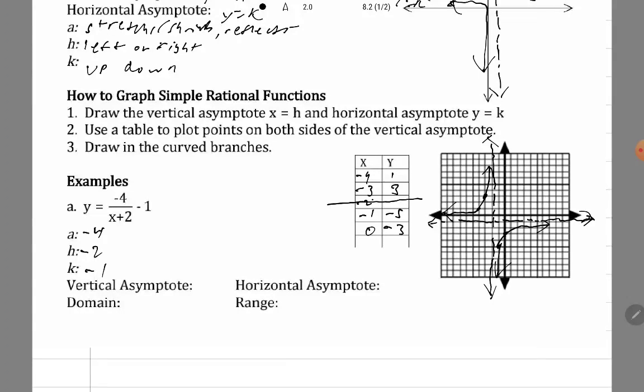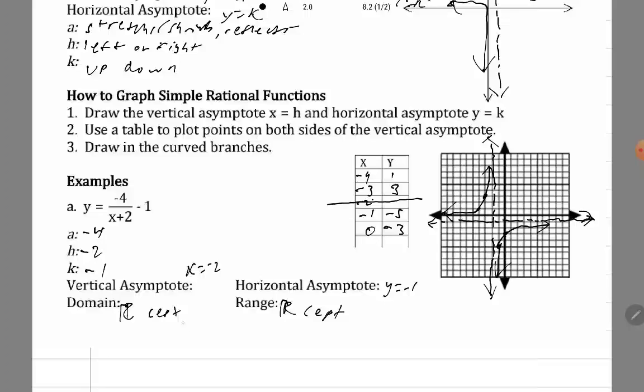Vertical asymptote again, x equals -2. Horizontal asymptote, y equals -1. Range, all real numbers. Same with the domain, except 0. Oh, sorry, not 0.